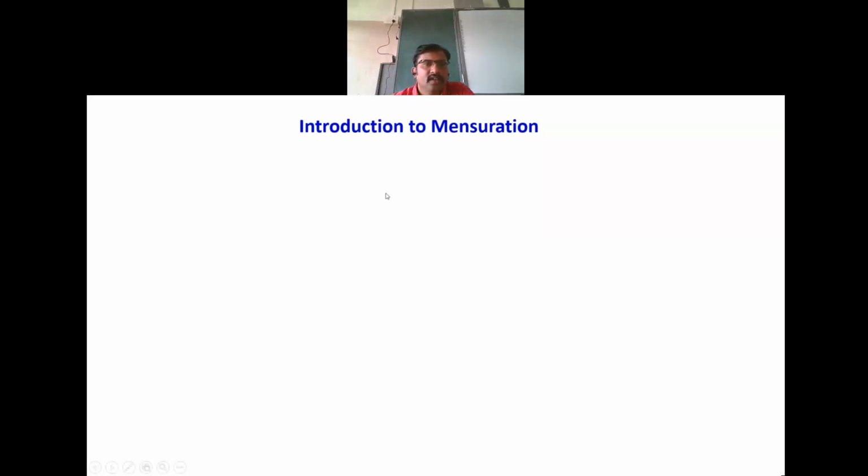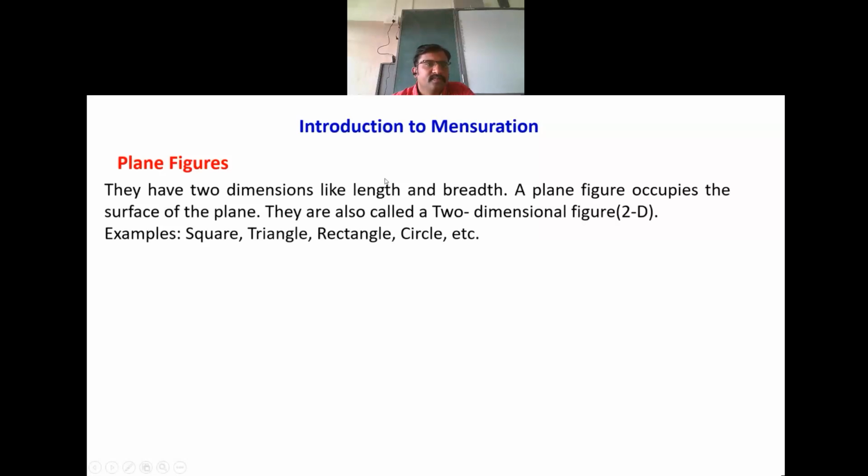We all know the meaning of plane figure. These are two-dimensional figures having length and breadth. A plane figure always occupies a surface of plane. It is also called a 2D figure, like square, triangle, rectangle, circle, etc.